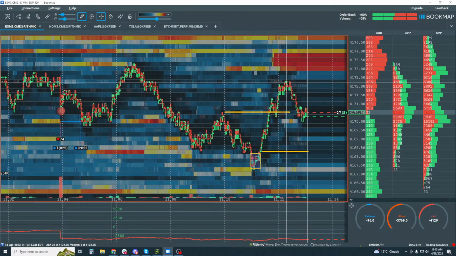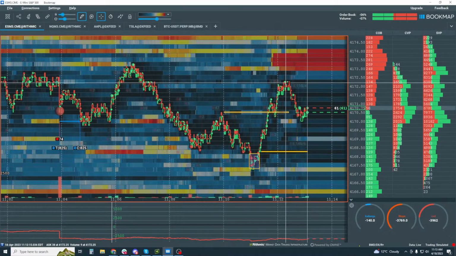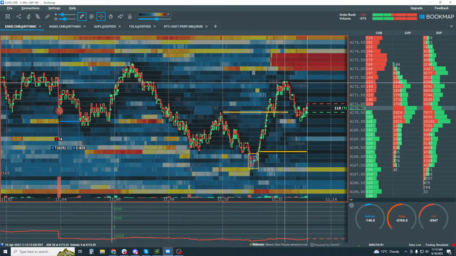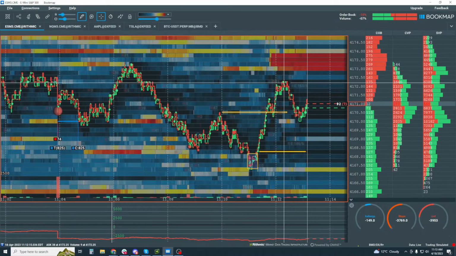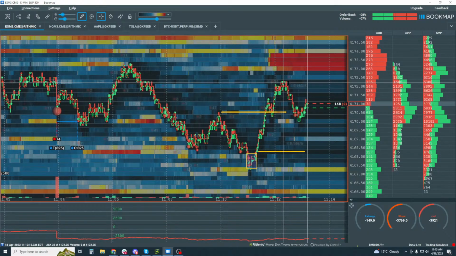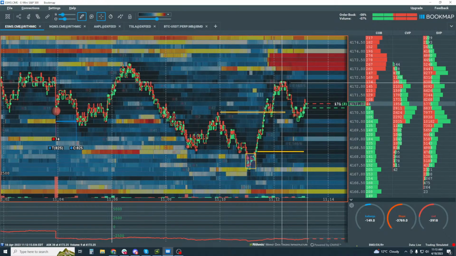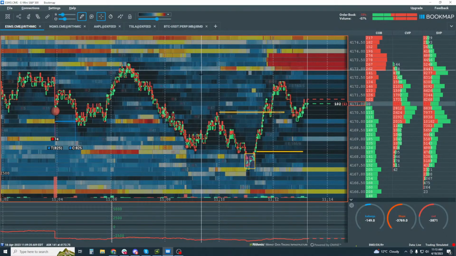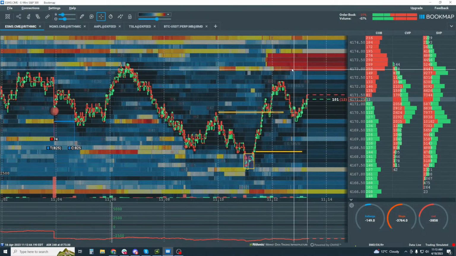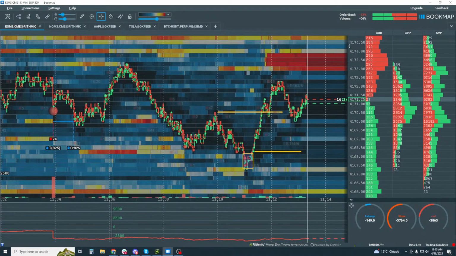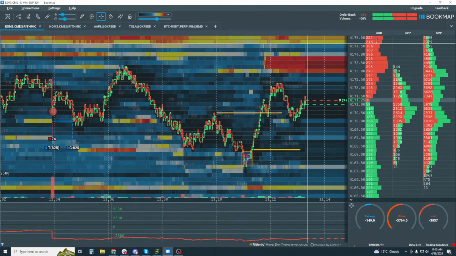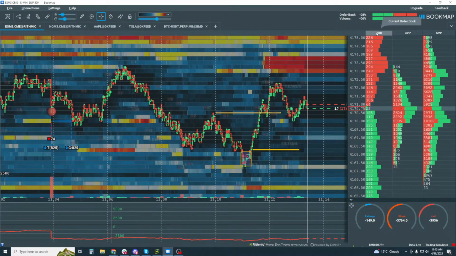Let's see here. Some more questions. So they're pushing the price upward. Well, you can see the orders. The way the heat map works, Mount Longfield, is that here it is in the COB column, the current order book.